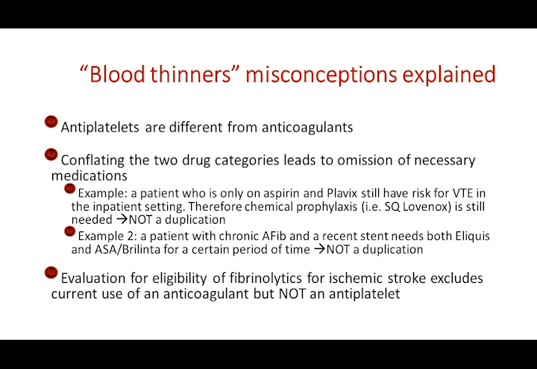A lot of time they'll be on it for like at least a year. And yes, this type of patient has a really high risk for bleeding, considering the amount of medications that increase risk of bleeding. But it is not a duplication, and it is medically necessary for these patients.